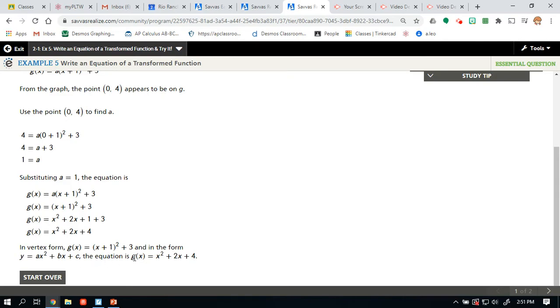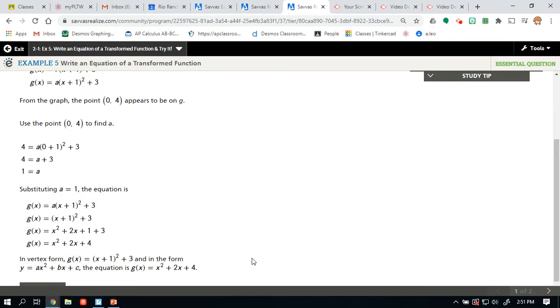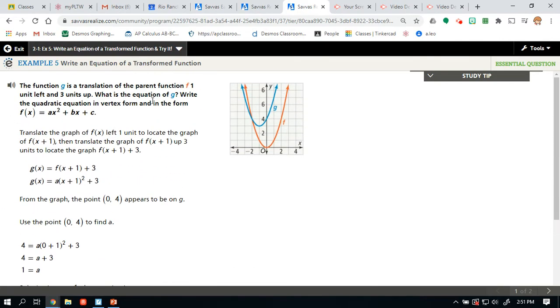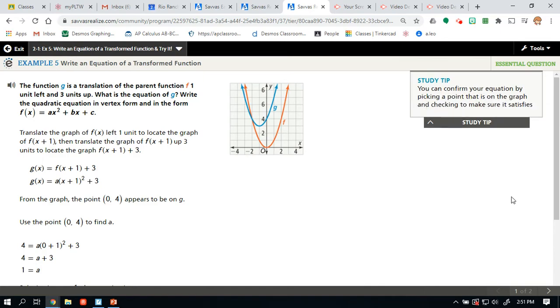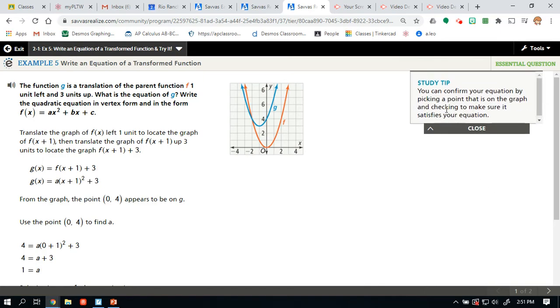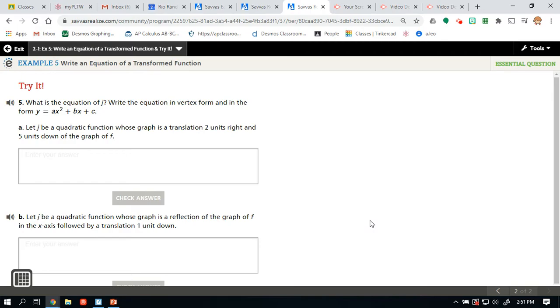And so the vertex form is x plus 1 squared plus 3. And in the form of ax squared plus bx plus c, or standard form, the equation is x squared plus 2x plus 4. All right, let's see their study tips. You can confirm your equation by picking a point that is on the graph and checking to make sure it satisfies your equation. That's a really good study tip.